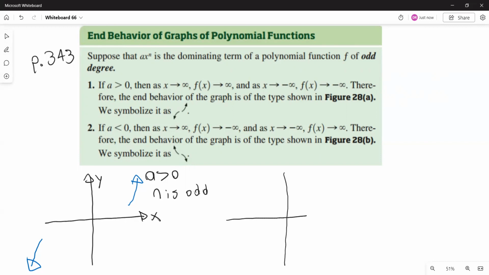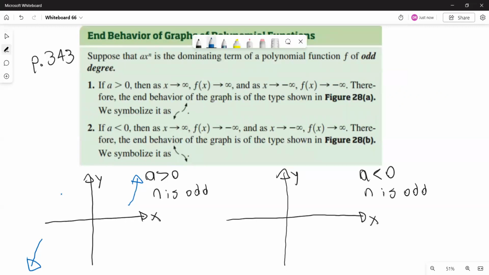And the second case scenario: if the leading coefficient is negative and the degree of the polynomial is odd, then f of x approaches negative infinity as x approaches infinity.